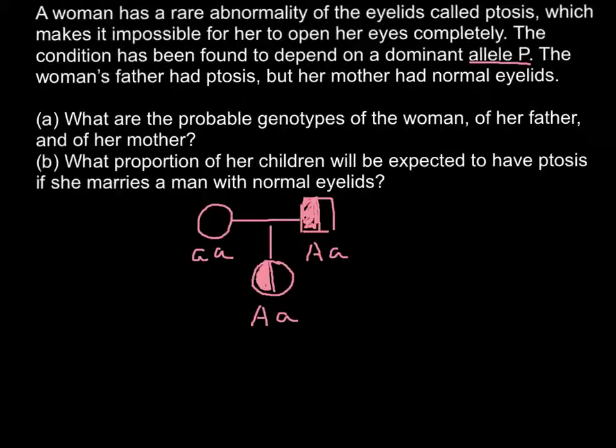So she is going to be heterozygous. And the second question is, what proportion of her children will be expected to have ptosis if she marries a man with normal eyelids? So let's build a new marriage here.